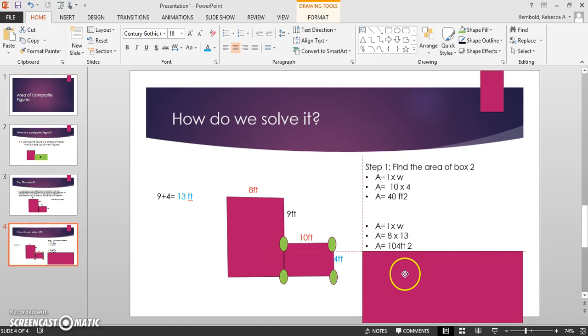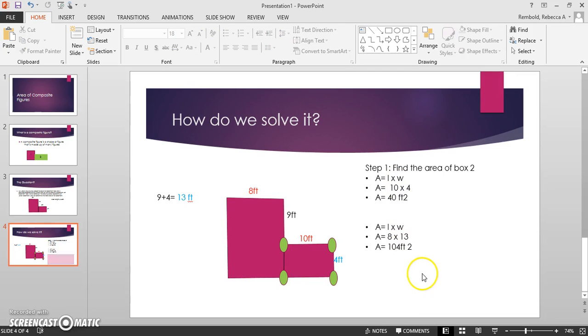I have already done the math, so I have found out that 8 times 13 is equal to 104 feet squared. Notice I put the squared in both answers.